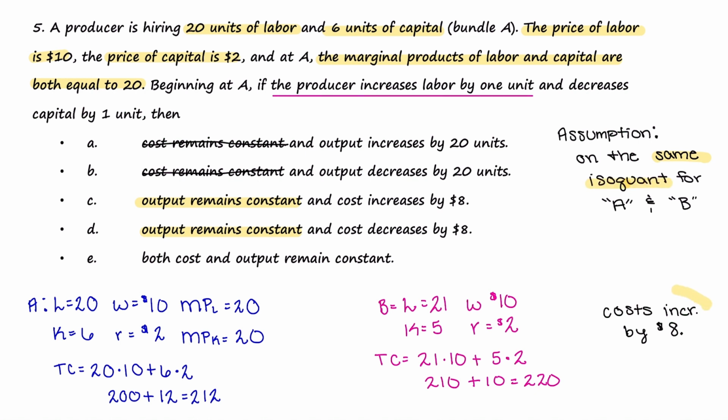And we know that our costs are going to increase by 8. And then both cost and that doesn't work either. So the only one that makes sense is C.